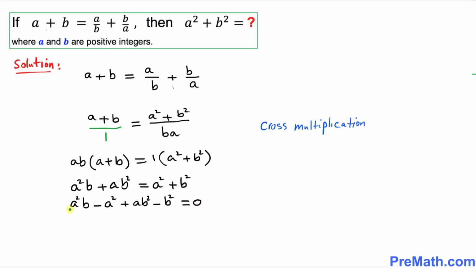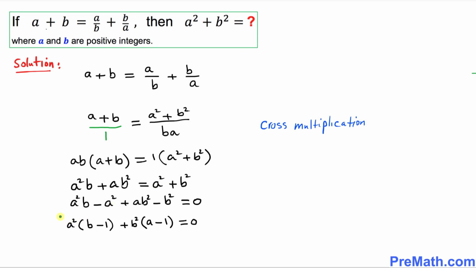And in the first pair, as you can see, we can factor out a square. So I can write down a square times b minus 1. And likewise in the second pair right up here, we can factor out b square, and then times a minus 1 equal to 0.